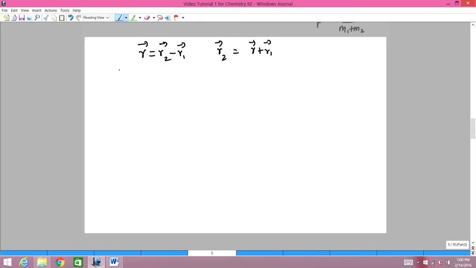The condition that m1 r1 plus m2 r2 is equal to 0 gives you also r2 is equal to minus m1 r1 by m2.